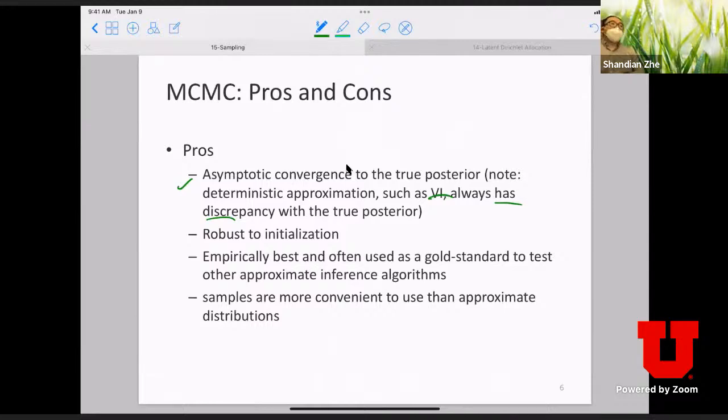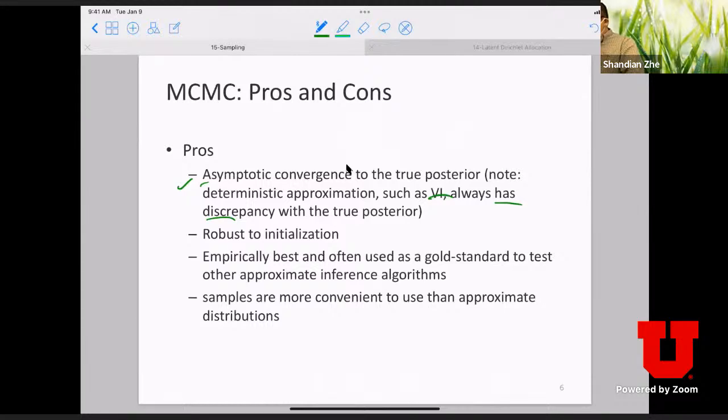So the error is always there, no matter how optimal your variational posterior you can obtain. There's still some discrepancy. But Markov chain Monte Carlo sampling doesn't have such a constraint. If you are patient enough, you can keep running your Markov chain, and finally it will end up with the true posterior distribution.